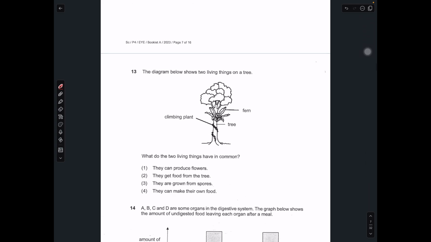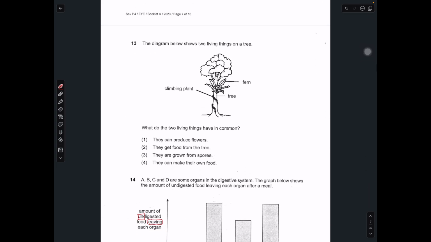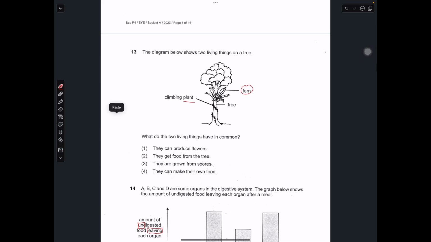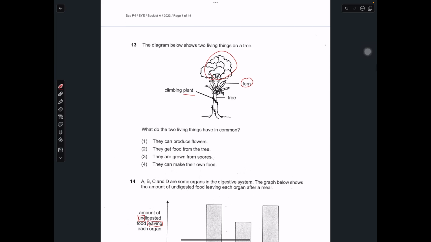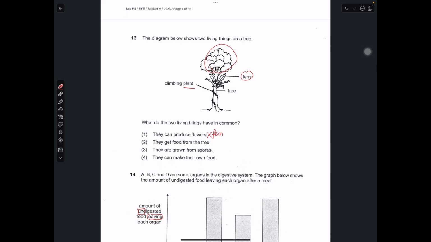Okay. 13, the diagram below shows 2 living things on a tree. We have a fern, we have a climbing plant, which has a weak stem, and we have the tree itself. They can produce flowers? No, because the fern cannot. Okay, they get food from the tree? No. They are all plants.